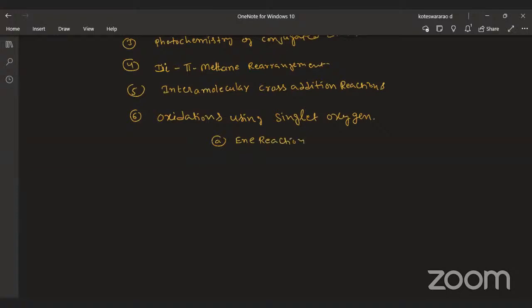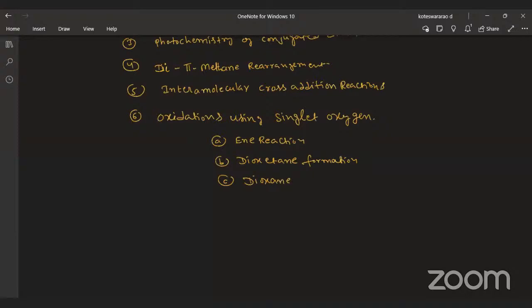Then dioxetane formation, and the third one, dioxane formation.